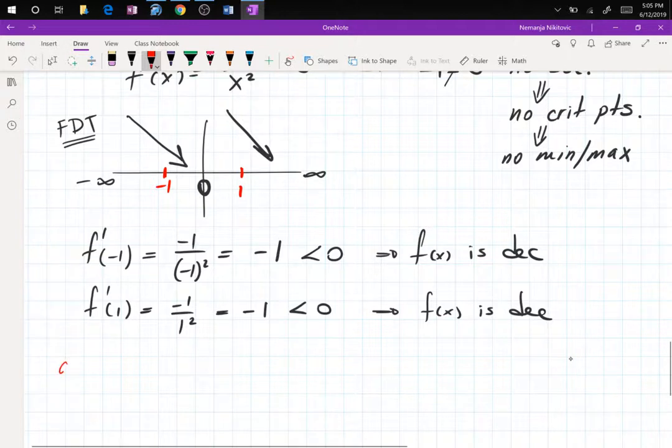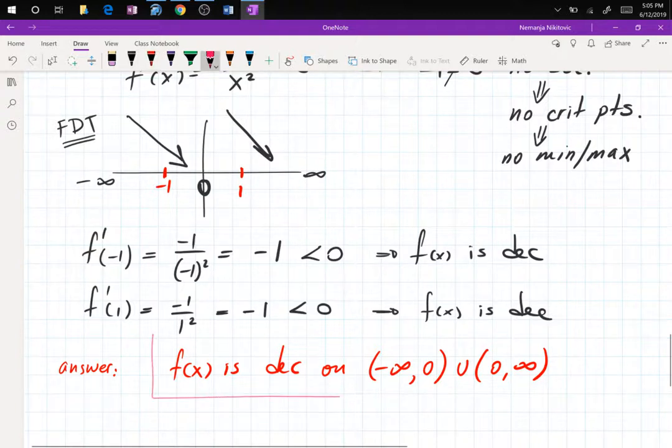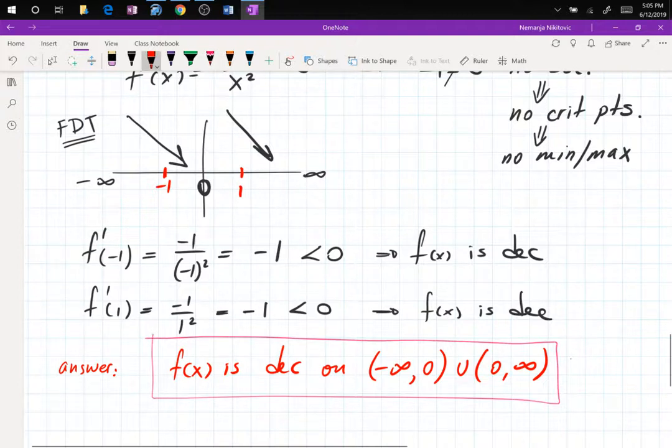So what's the answer? f of x is decreasing on negative infinity to 0, union 0 to infinity. It's decreasing on the entire domain. You can also specify on the side no min max.